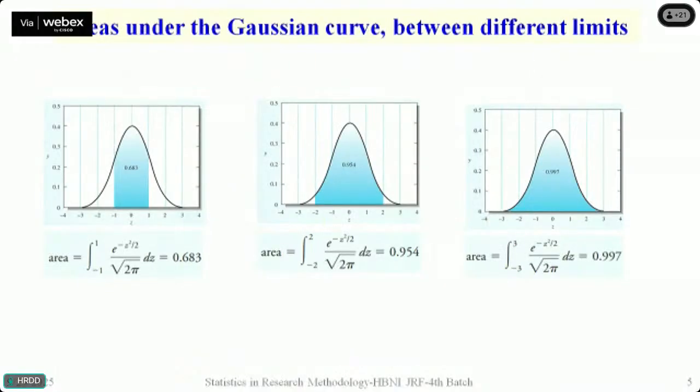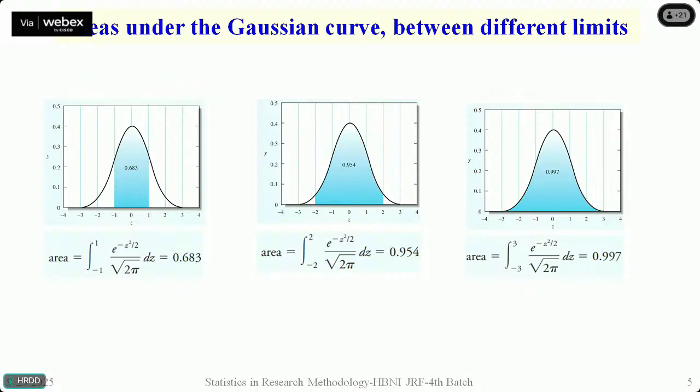From the property of the Gaussian distribution function, we have seen that the area covered by 1 sigma on either side, when you take x minus mu by sigma, the integral will have limits from -1 to +1 for 1 sigma. Then we have already seen that it is 68.3% of the total area.